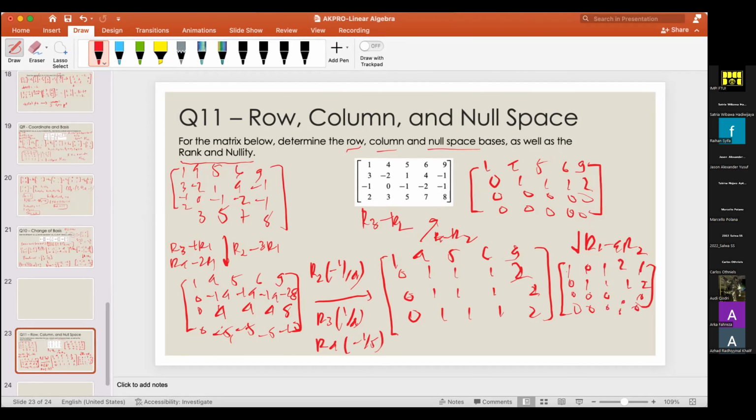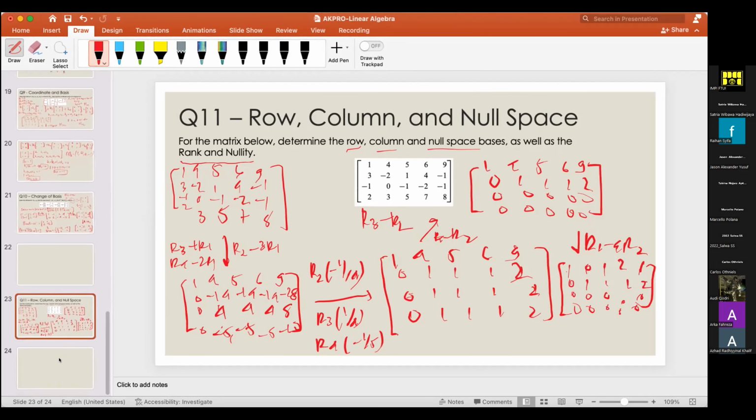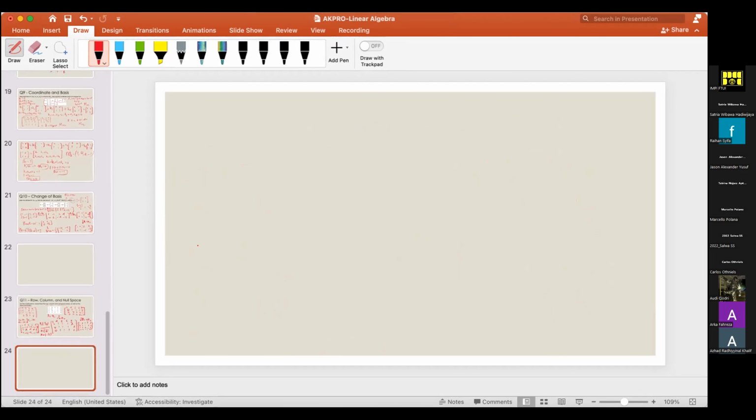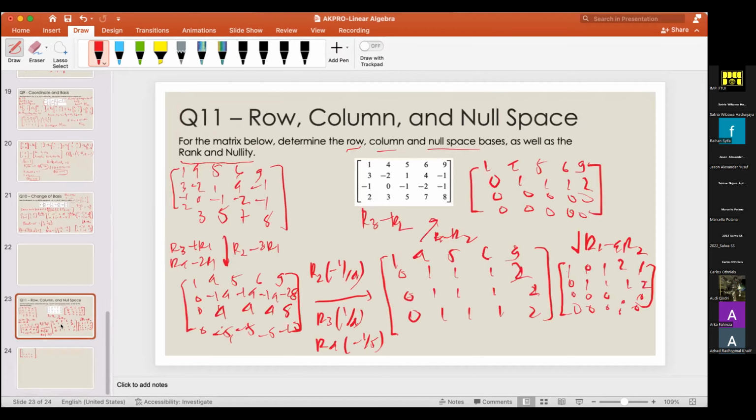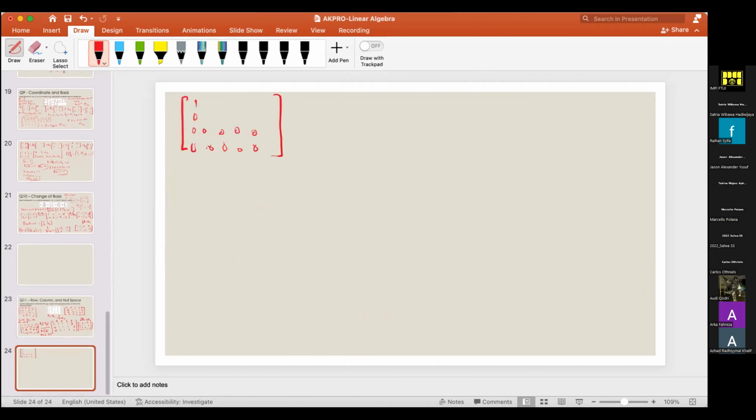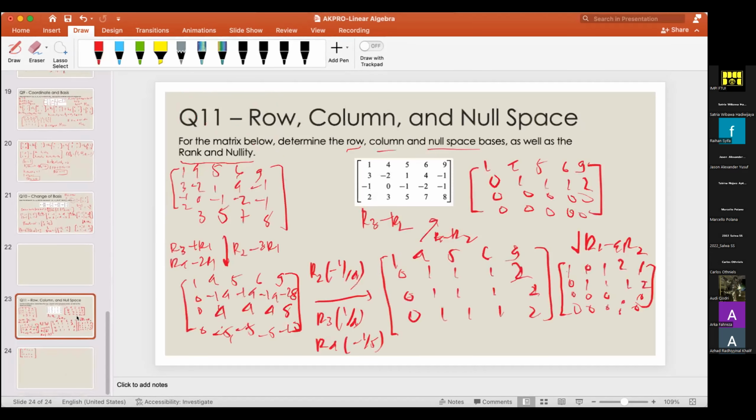And so this is our row echelon, reduced row echelon form. So let me just move it to the next slide to make it clearer. This is 1, 0, 0, 0. It's 0, 1, 2, 1, 0.